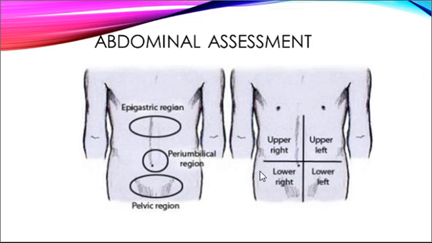Right lower quadrant, you have your cecum, your appendix, your right ovarian tube if it's a female, the right ureter.